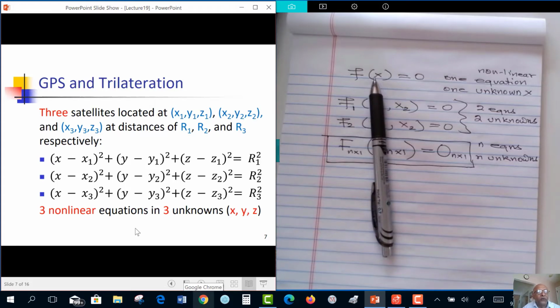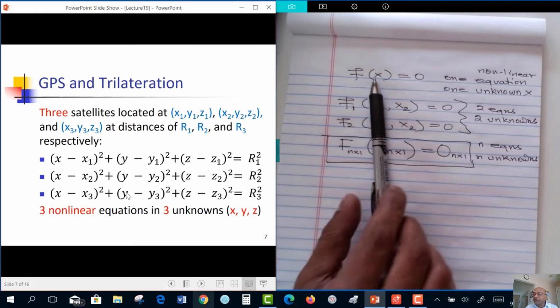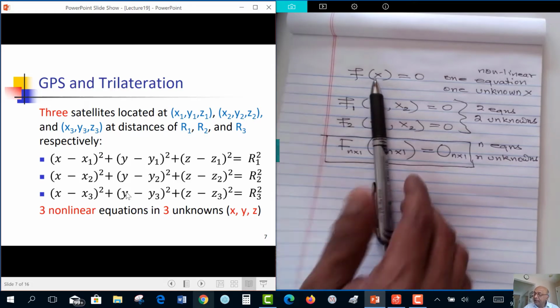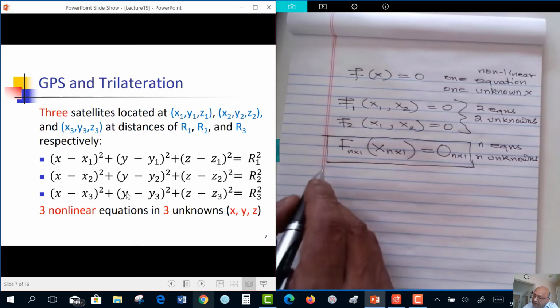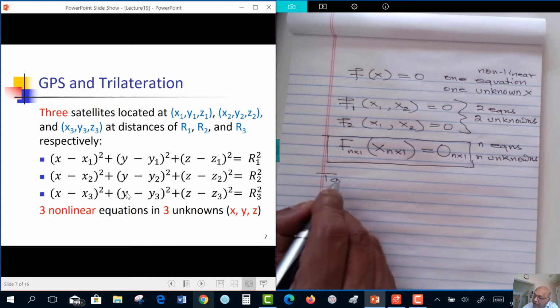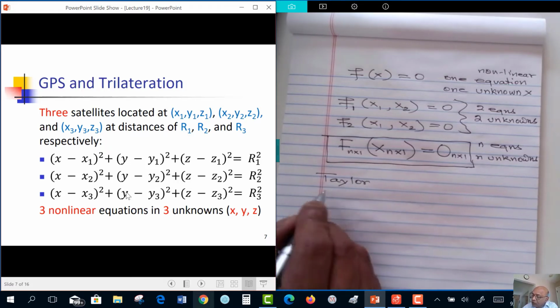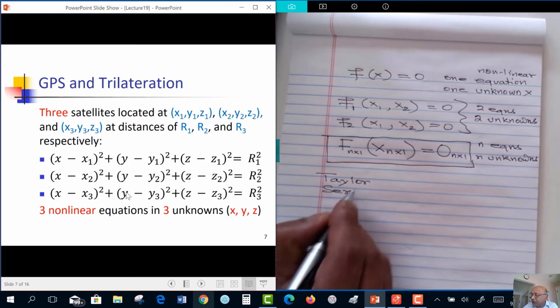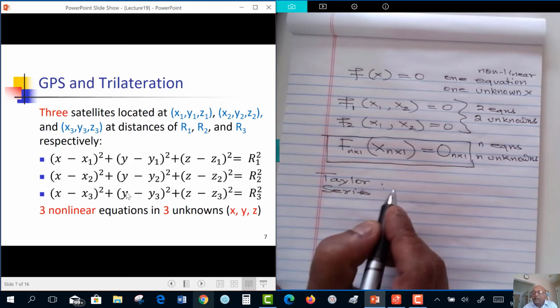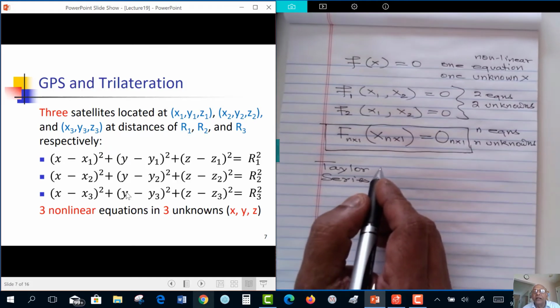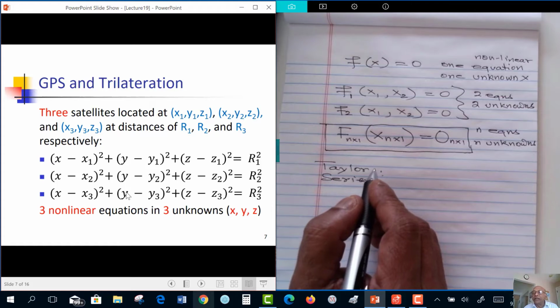So where can we use a nonlinear system? Very simple. Remember, we just talked about Taylor series. And when I talked about Taylor series, I talked about your calculator functions. Behind each of those functions is, indirectly or directly, some use of Taylor series.